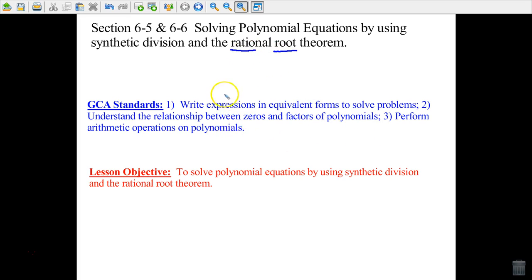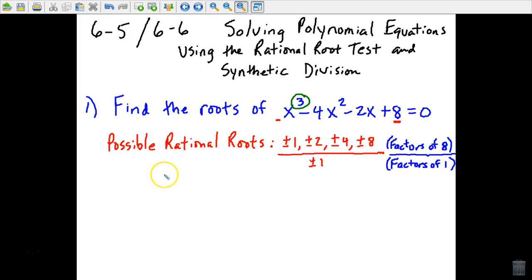So this rational root theorem is going to give us a list of possibilities that we can use to check, and then I'll show you what to do once we've identified one of our rational roots. All right, so that's our goal for this lesson, is to solve polynomial equations that cannot be factored using this alternative method.